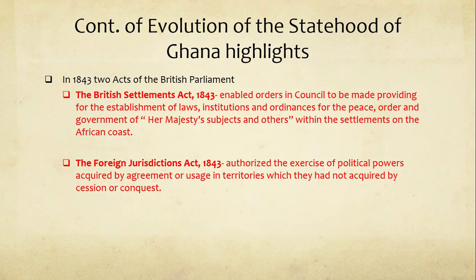And two main reasons have been assigned for the resentment of the traditional rulers of the coastal states. The first reason arose out of the abolition of the slave trade, which led to a loss of revenue to the chiefs.